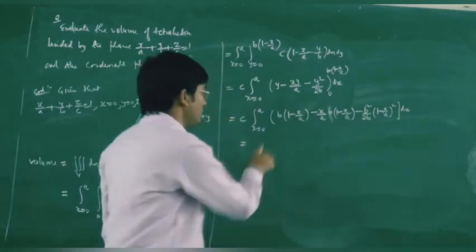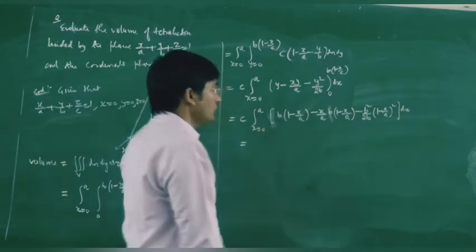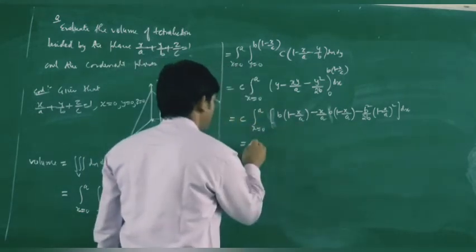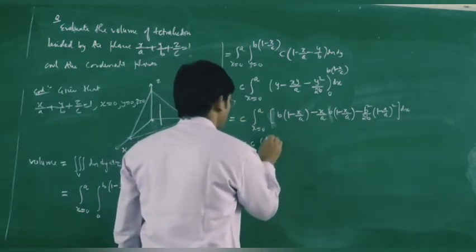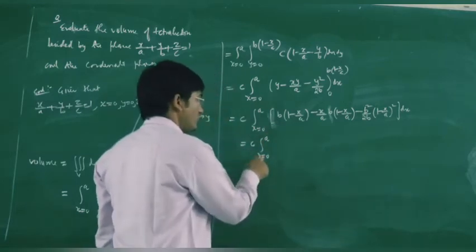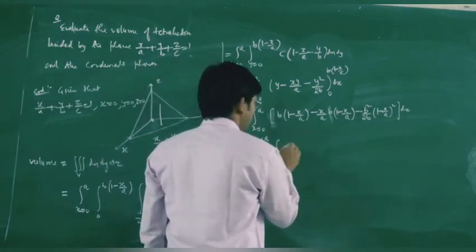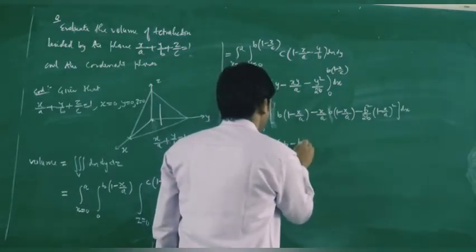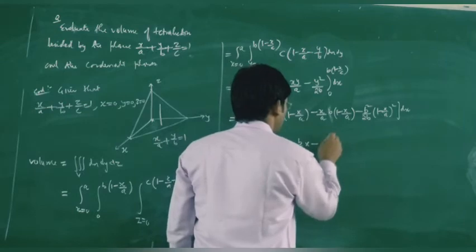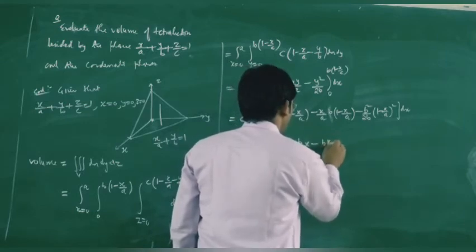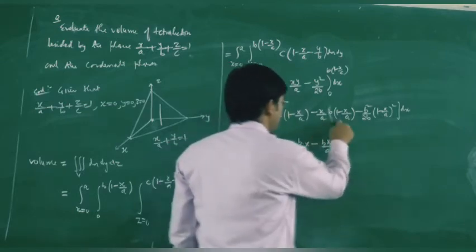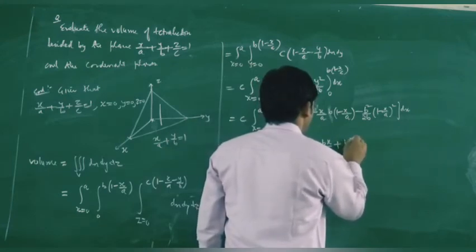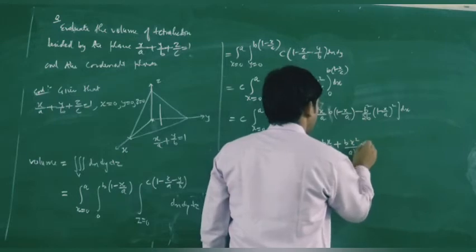So this is equal to c, with x from 0 to a. Now if you want to simplify, you can simplify it. So this will be b into b upon a into x, then minus b x upon a, then plus b x square upon a square.